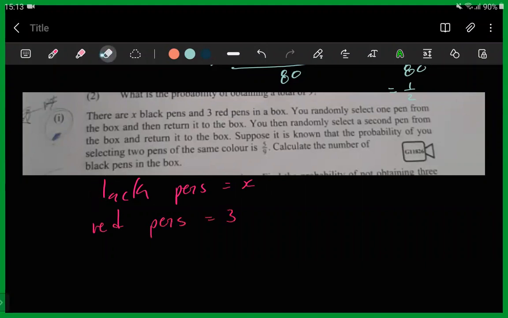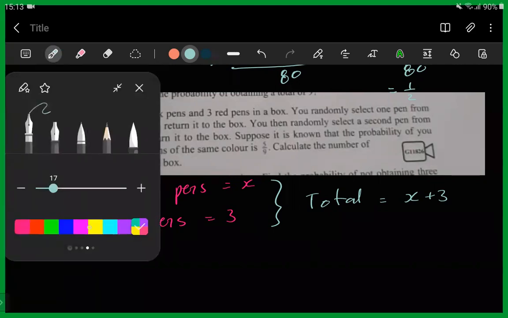And then they say here, you randomly select 1 pen. But before you worry about selecting 1 pen, the total here is just supposed to be X plus 3, right? Yes. And then it says here, you then randomly select 1 pen from the box and return it.